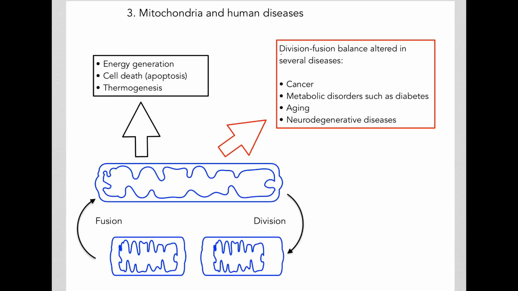So this mitochondrial division-fusion balance, we see this balance being altered in several human diseases, including cancer, metabolic diseases such as diabetes, the process of aging, as well as a variety of neurodegenerative diseases.